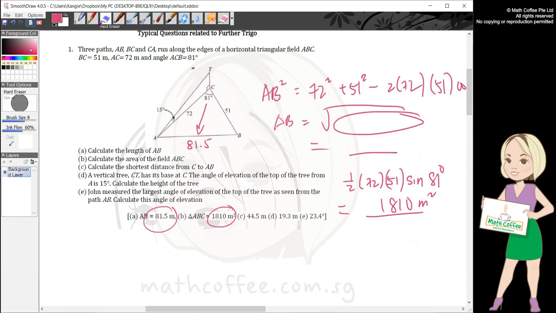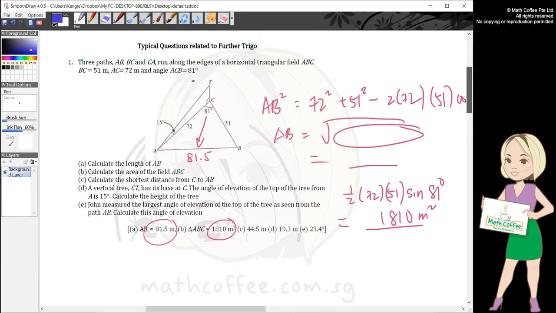Next, a lot of students don't understand about this shortest distance from C to AB. You just visualize. Let's focus on this triangle over here. You imagine this is let's say the ground, the playground. You are walking from here, then you want to walk until here. Then when you are walking along this path, I ask you to go to this C. Then our human nature will walk the shortcut, right?